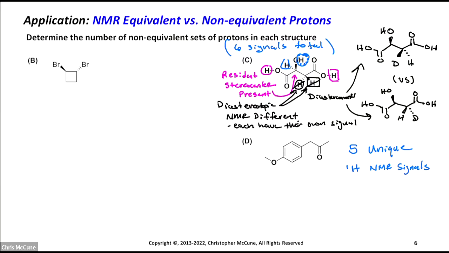For B, I believe there are 3 unique sets of hydrogens in terms of the proton NMR.